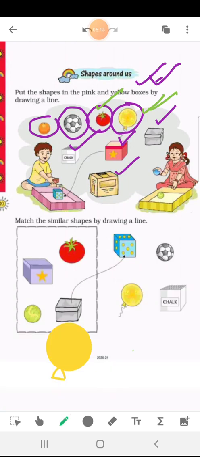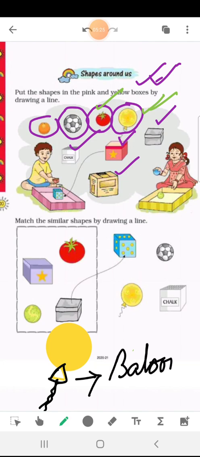So the balloon is almost like this. You like balloon? This balloon is also round. The shape of the balloon is also round.